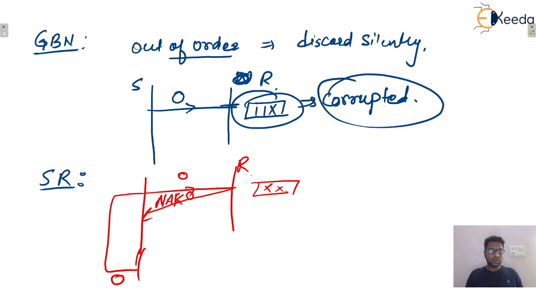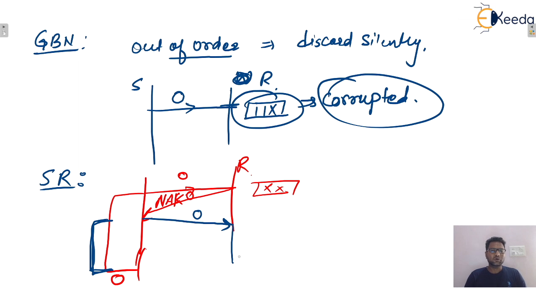Then instead of waiting for the entire timeout timer, that packet will be retransmitted immediately, so delivery will be fast. That is the advantage. So in selective repeat, whenever a corrupted packet is received, the receiver sends a negative acknowledgement, and as soon as the sender receives it, that particular packet is retransmitted immediately instead of waiting for the entire timeout time. I hope this is clear. That is the advantage of negative acknowledgement.